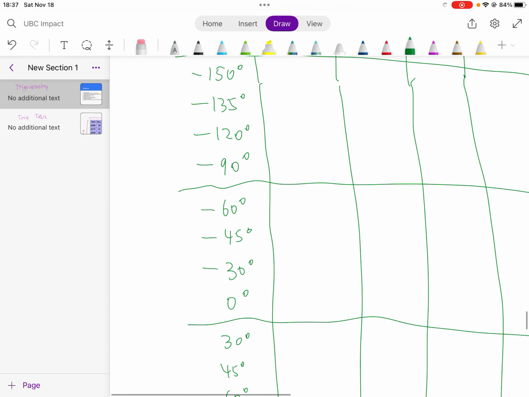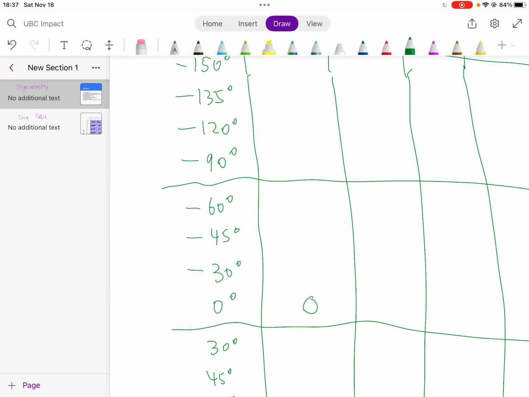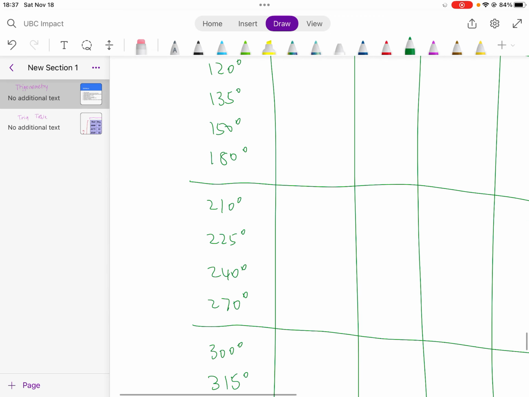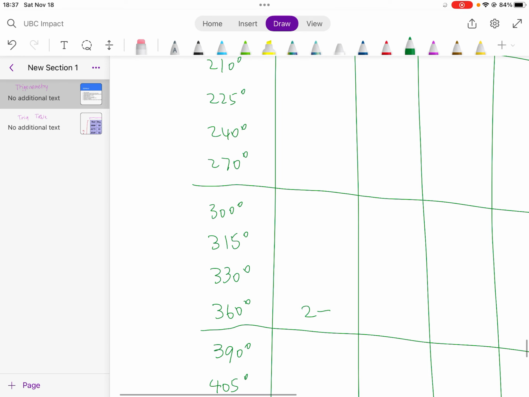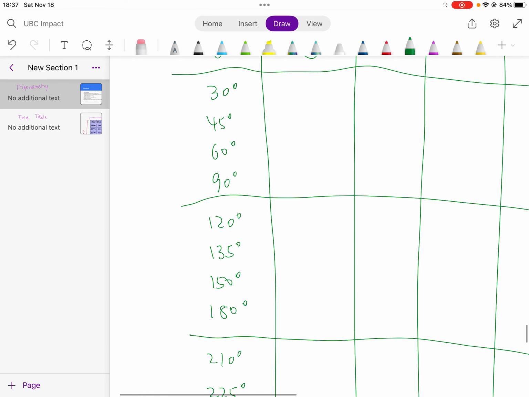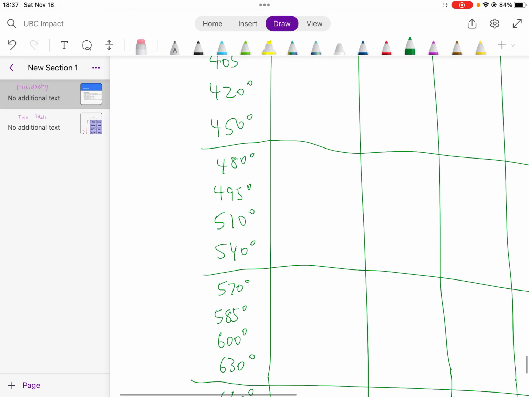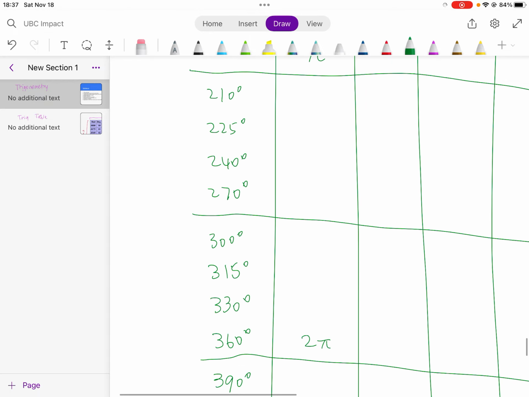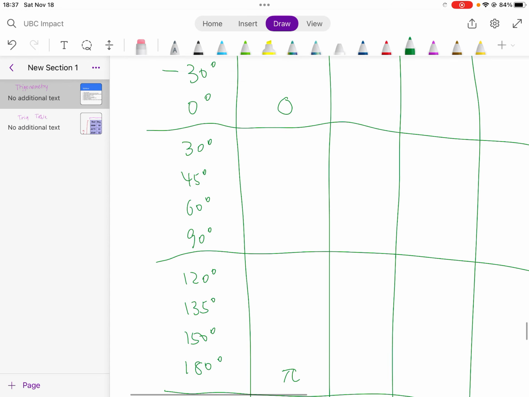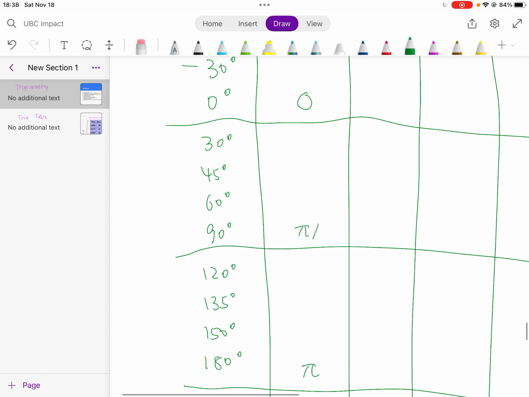0 degrees. How many radians is 0 degrees? Well, it's 0 radians. And we said that 360 degrees is 2 pi radians, which means 180 degrees is pi radians. Okay. What about 90 degrees? Well, that's pi over 2. 45 would be pi over 4. 30 is pi over 6.